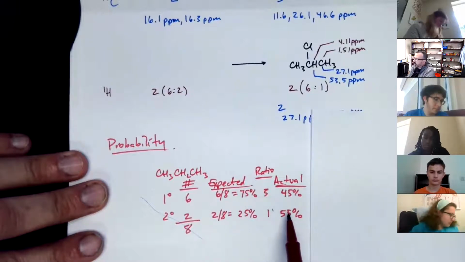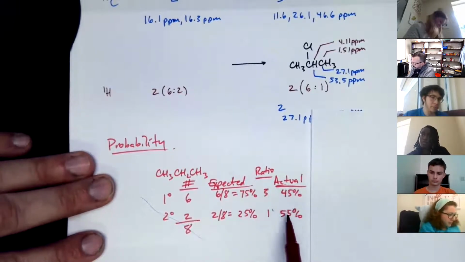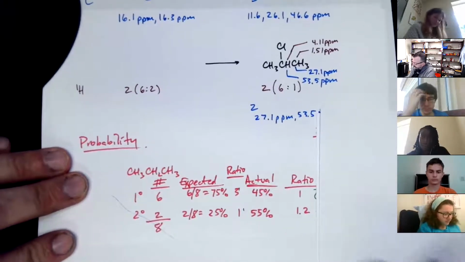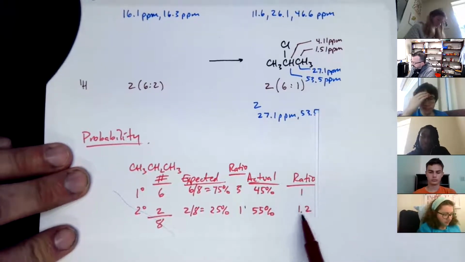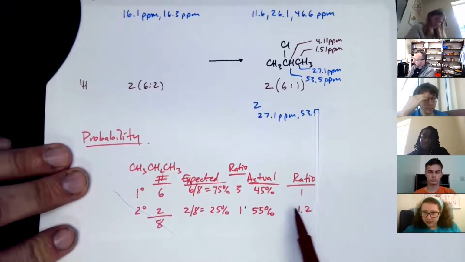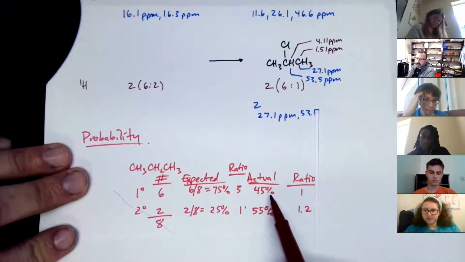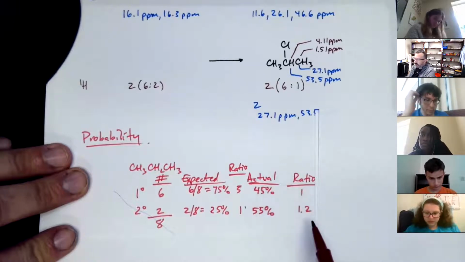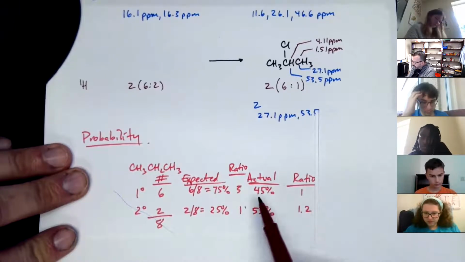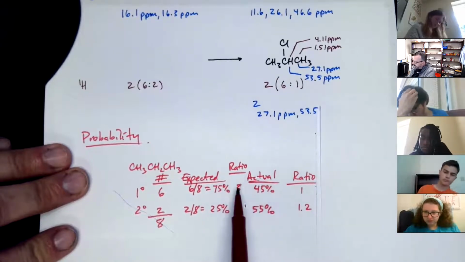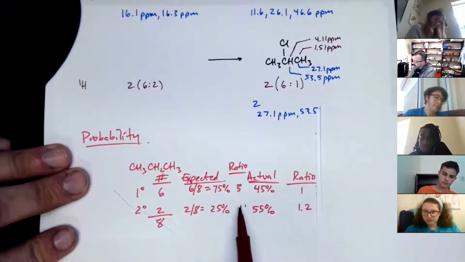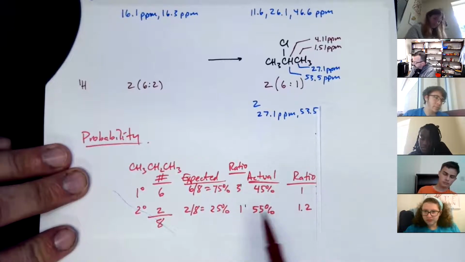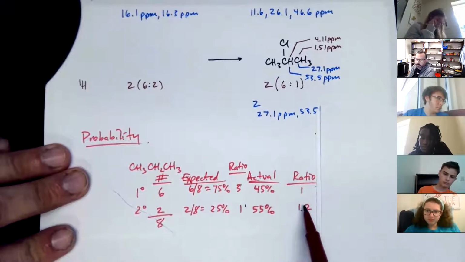This is what you observe. The ratio between these two is now 1 to 1.2. All I did was take 45 divided by itself to get 1, 55 divided by 45 to get 1.2. Again, this is just a separate way of considering what we expect with what we observe.